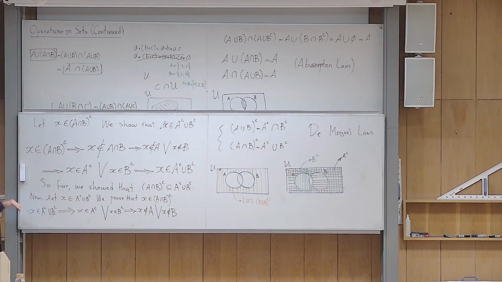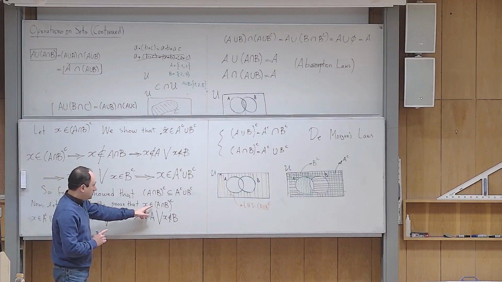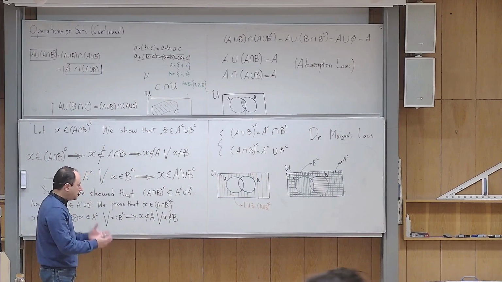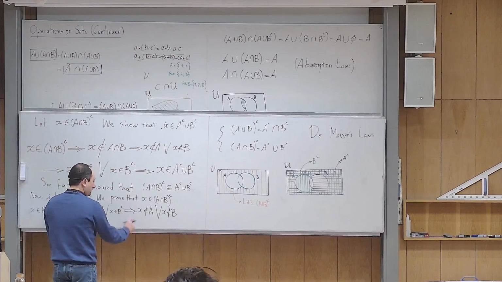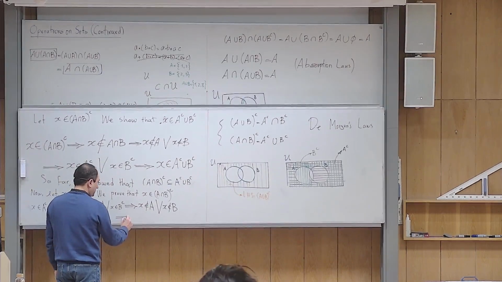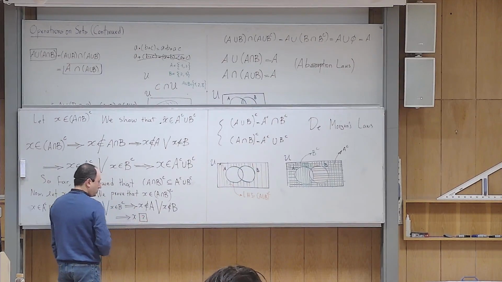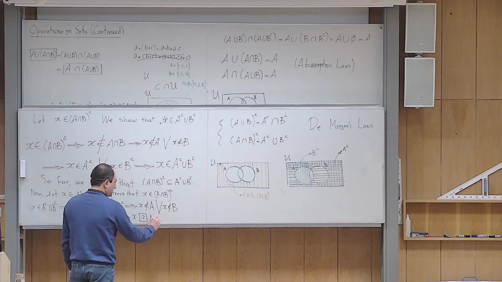But you need to have an eye on what you want to conclude, yes? You want to convince yourself that X belongs to A intersection B complement. So I need intersection somehow. But let me ask you something. What can I conclude from here? X, question mark, I want you to fill it up with a symbol, and then I want to write A intersection B here.